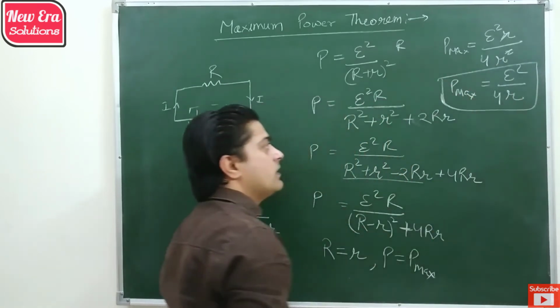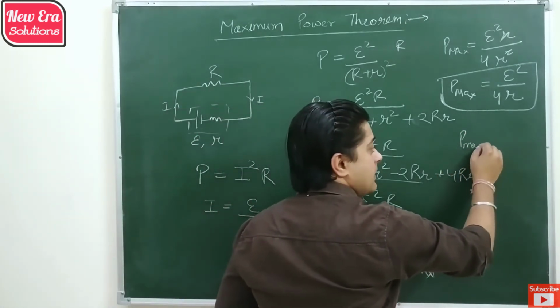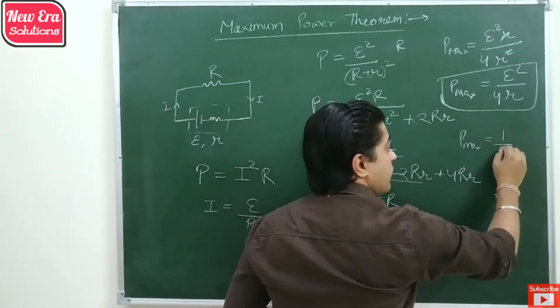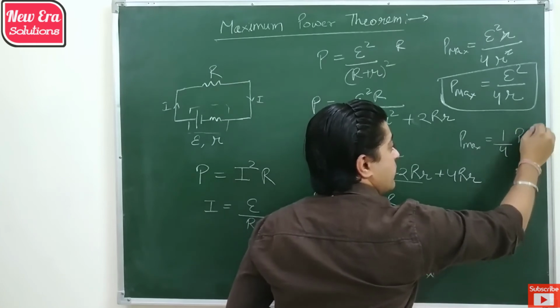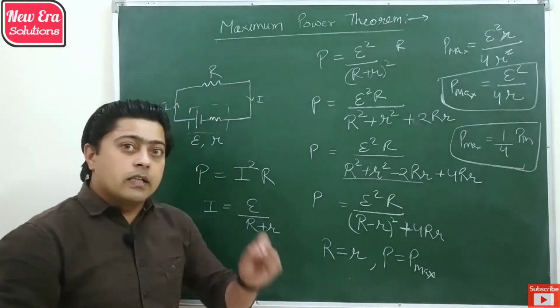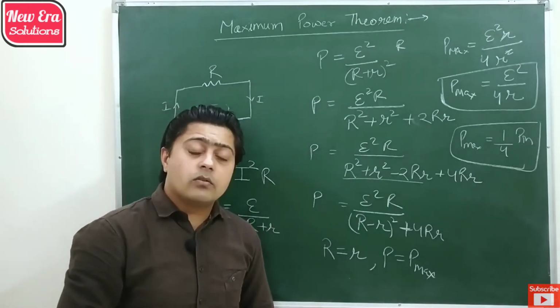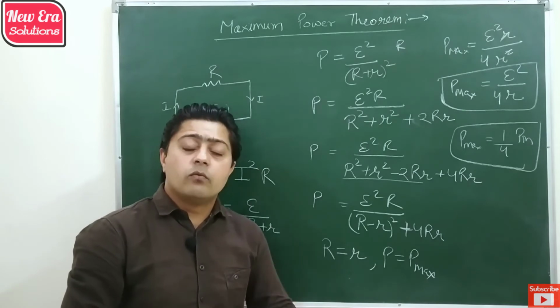So if you observe, the maximum power delivered by the cell is 1 by 4 times the input power of the cell. So the maximum power a cell can deliver is just 25% of its original power.